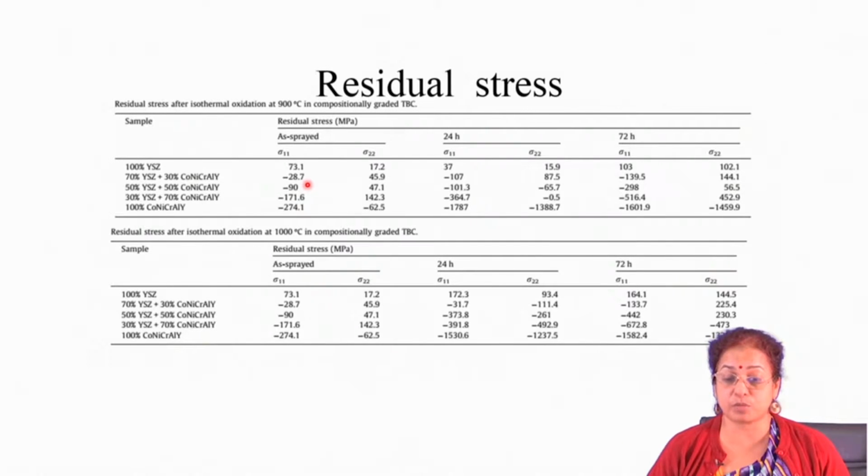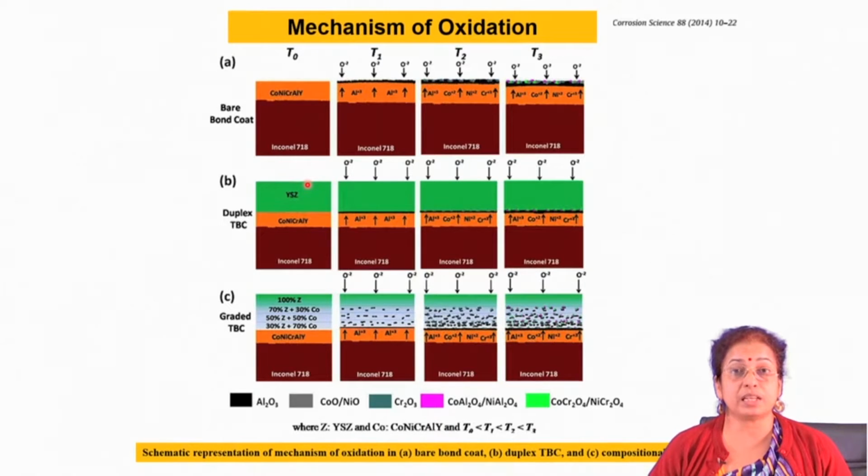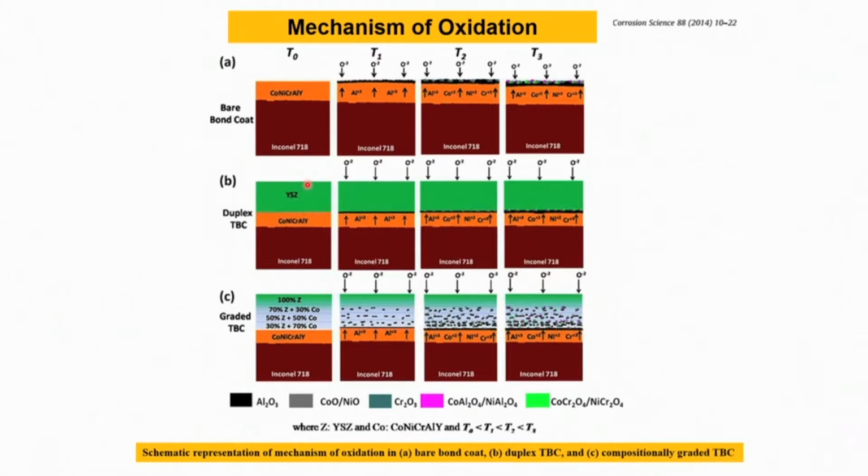So, this is very much important because when residual stress is compressive, naturally it helps in improving the resistance to thermal fatigue and thermal shock. Now we propose the mechanism of oxidation, where the presence of metal oxide at the metal ceramic interface acts as a barrier for counter ionic transportation, and there is also a lot of spinel formation.